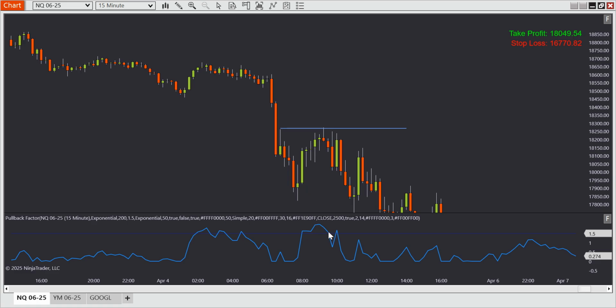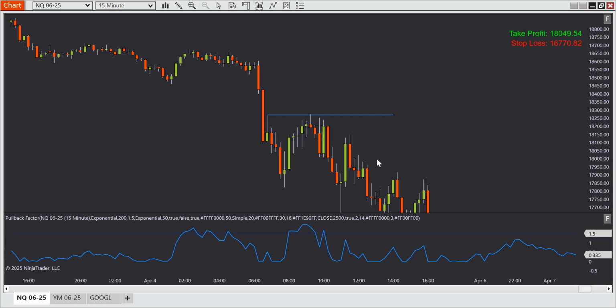And honestly, if I'm using this indicator and I saw this liquidity tapped into here, but the pullback factor was below the 1.5, I would have been hesitant to get in a sell trade, because what the pullback factor is telling us is there could still be some more upside movement to take this liquidity instead before it continues down.